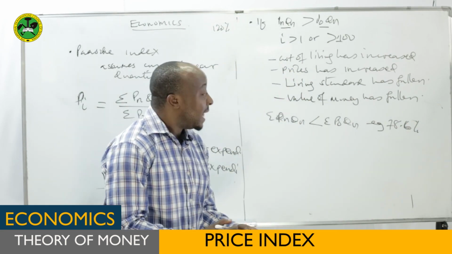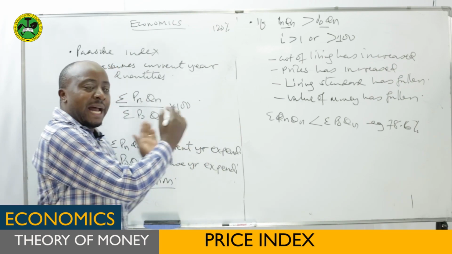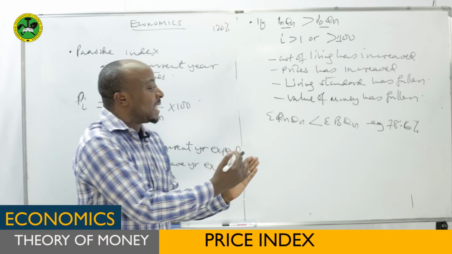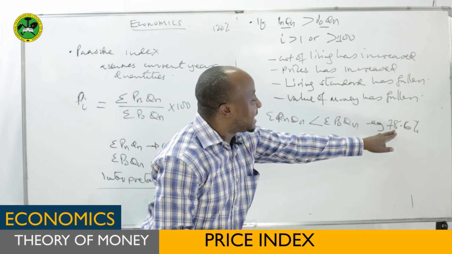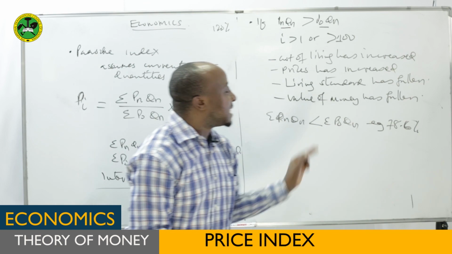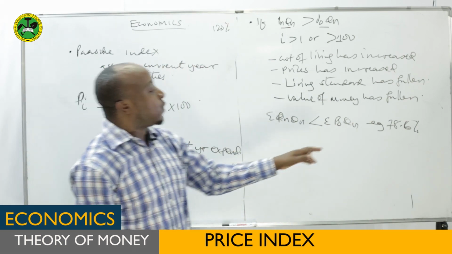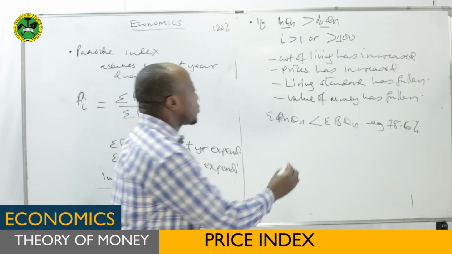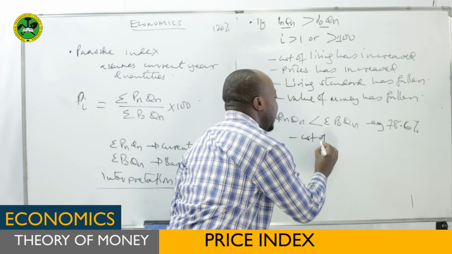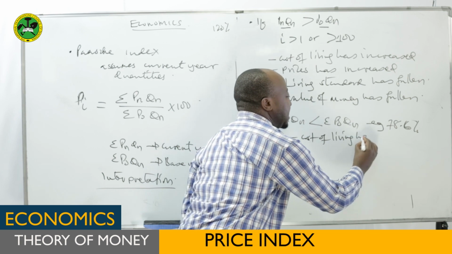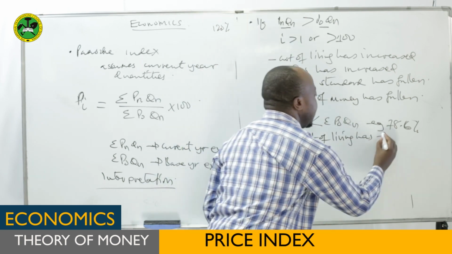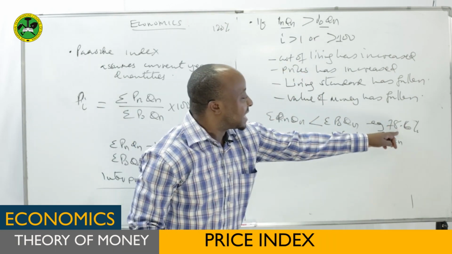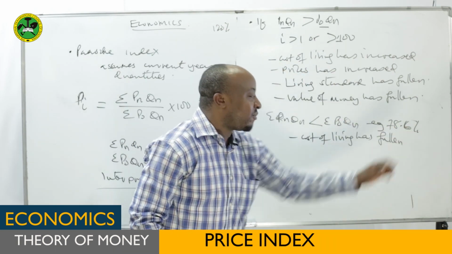It means the cost of living between the current year and the base year has fallen. This 78.6% is less than 100 by 21.4%. So you can say the cost of living has fallen or decreased by that amount, 21.4%.